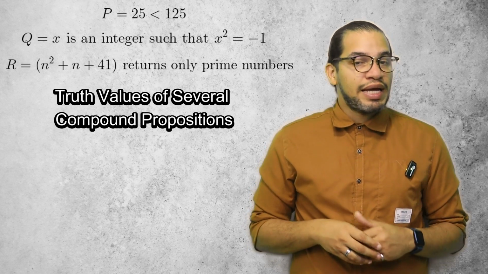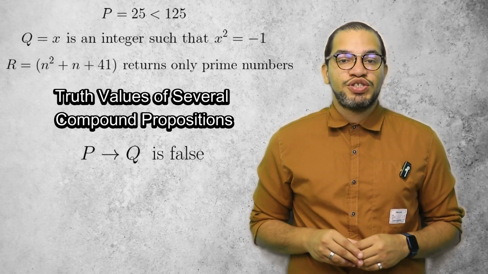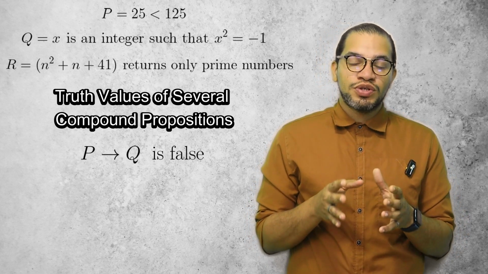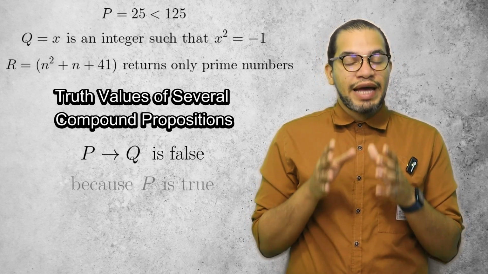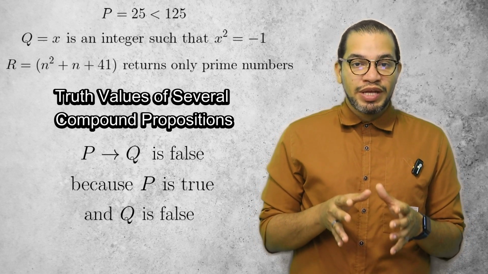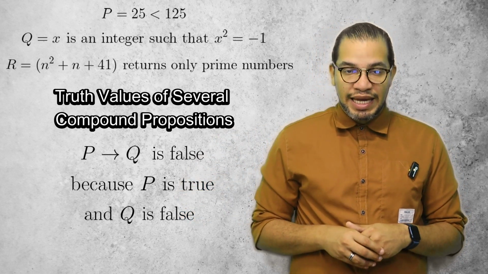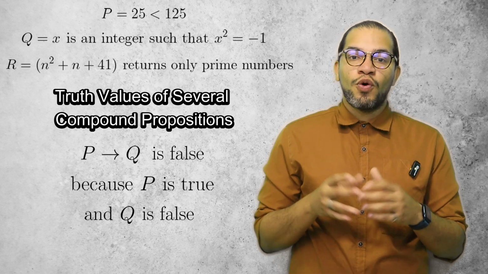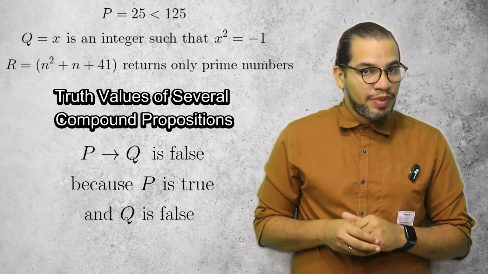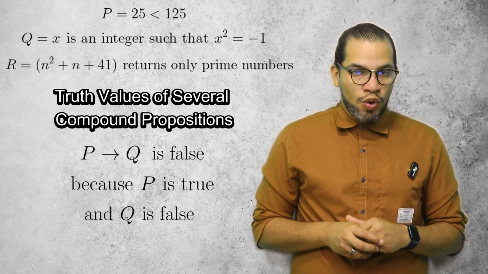Now we need to highlight that a conditional proposition, if P then Q, is false only when the hypothesis, in this case P, is true and the thesis, in this case Q, is false. In any other case, the proposition if P then Q is always true.